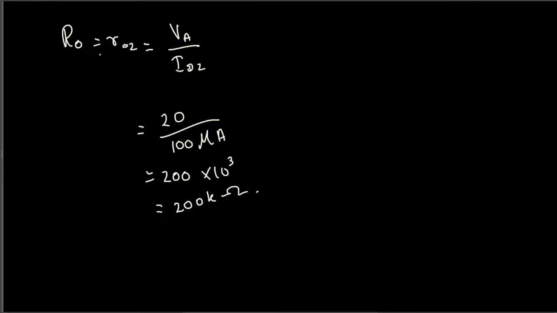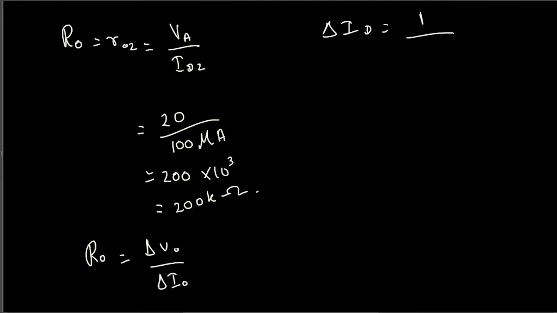Now this is helpful because there's another equation for R naught, which is equal to delta V naught over delta I naught. So from this we can solve for the current. Delta I naught is basically delta ID, which is equal to delta V naught over R naught. We are looking at what will happen to the current if we change the voltage.